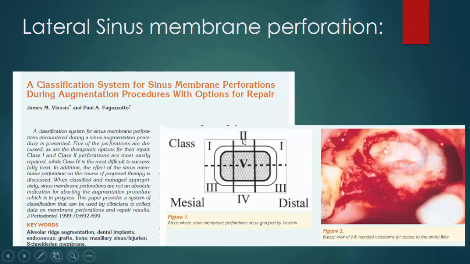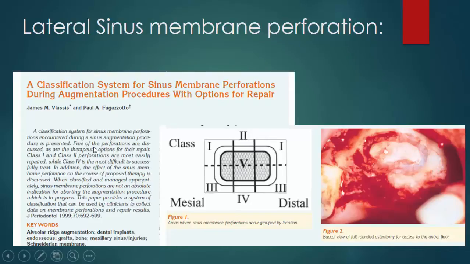Then class 2 in the middle superior part. Class 3 on the inferior border of the window, on the mesial and distal side. Class 4 in the middle inferior border, like here. And then class 5, which is in the middle of the window.